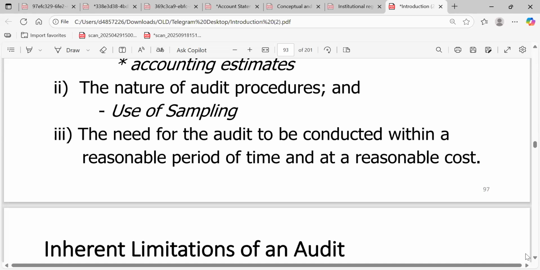How many entities will be able to afford that? You are talking about close to $300,000. Most entities will not be able to afford that. It will make the audit in itself even more expensive. Therefore, that forms part of what? A limitation.